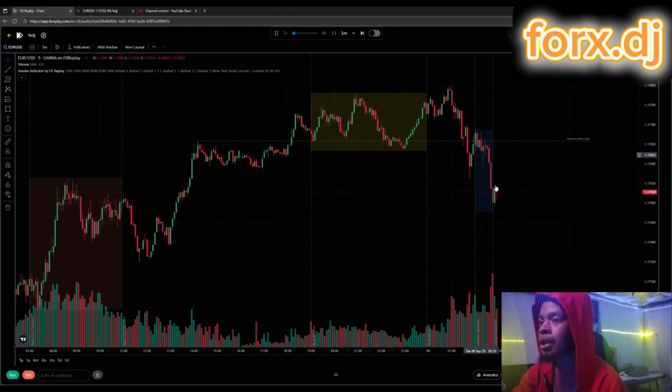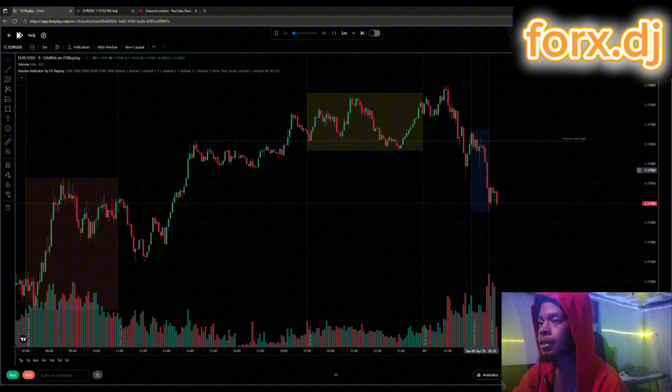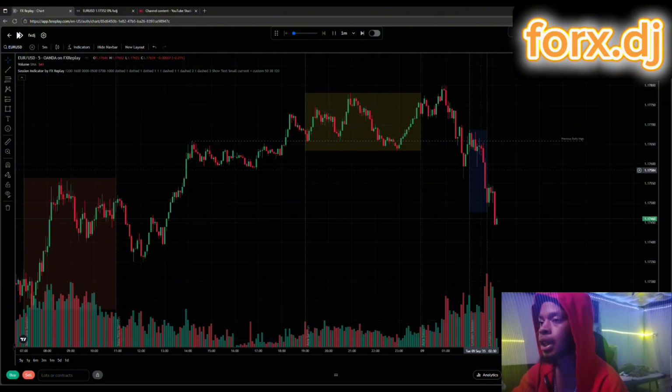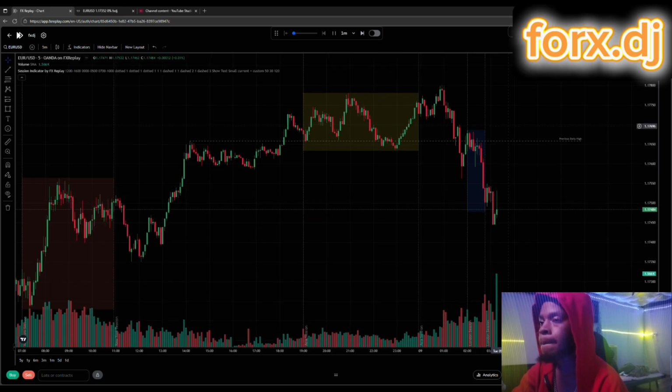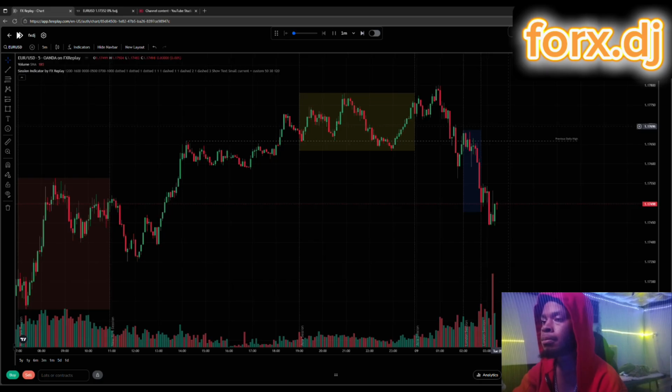But that's why I say I've been learning to be more patient. But even then, let's see what it does off of this fair value gap being created. Right now, it's holding. Because I was not in the market at this time, I'm not going to lie. It's holding pretty well.